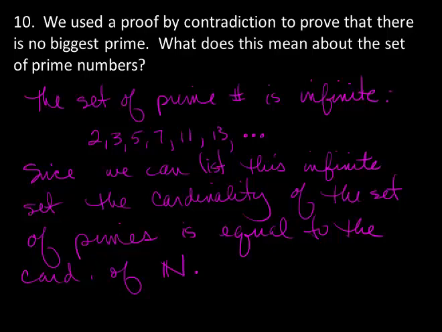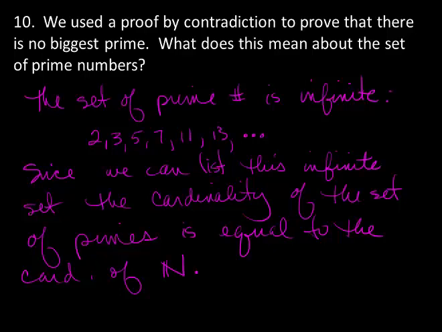Any infinite set that can be listed has the same cardinality as N. But what we had to prove in here was that there were infinitely many. And so I would like to go over just an outline of that proof.